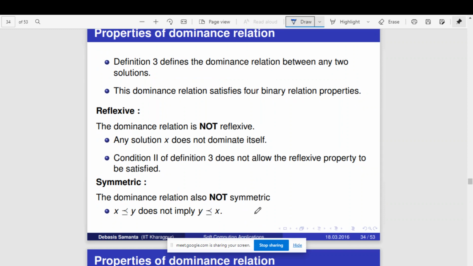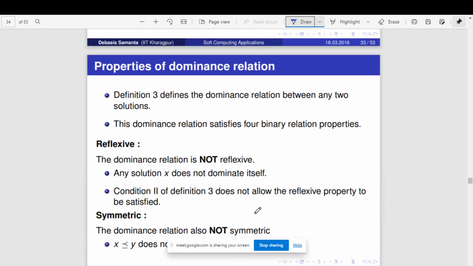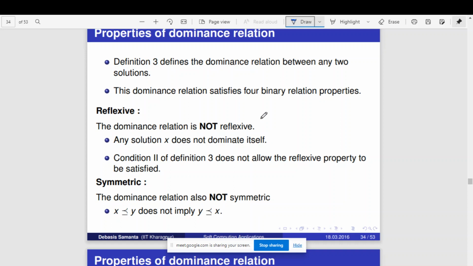There are some properties of the dominance relation that we'll be discussing now. The domination relation satisfies four binary relation properties. The domination relation is not reflexive. That is, any solution x does not dominate itself.